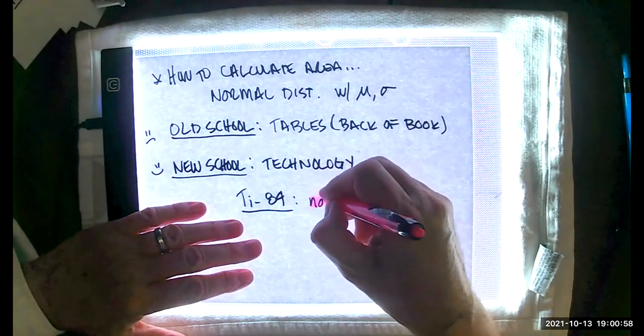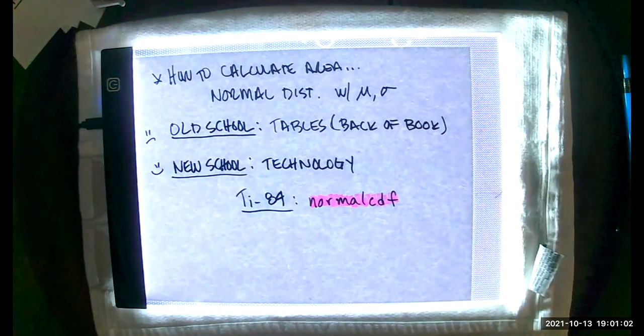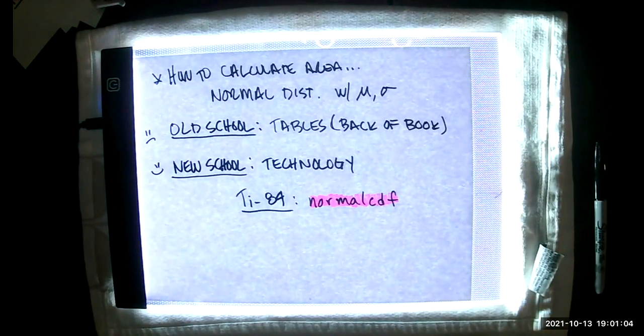Normal CDF. I'll show you where it is. You'll see any number of videos of me doing this. In fact, there's a number of these already posted in my lab courses. But in any case, normal CDF is the tool we apply.